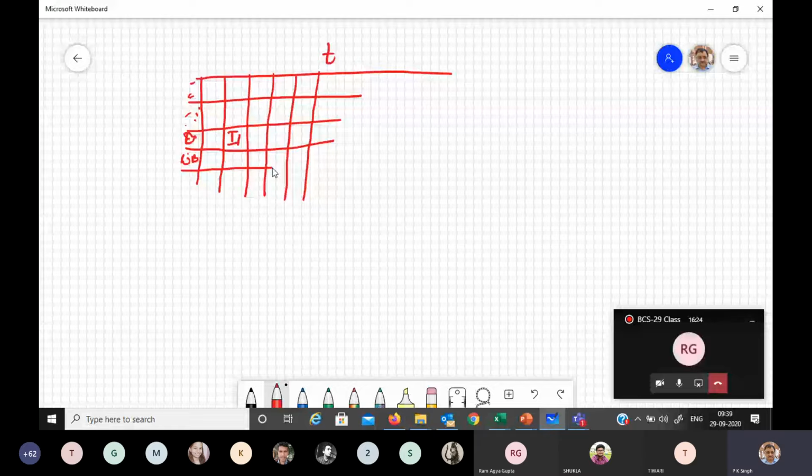Then it will be written in R3. And in the next slot, I2 will execute, and then its result will be loaded in R4. Just see. After that, what happens? You are executing I2, which needs the result of R3.